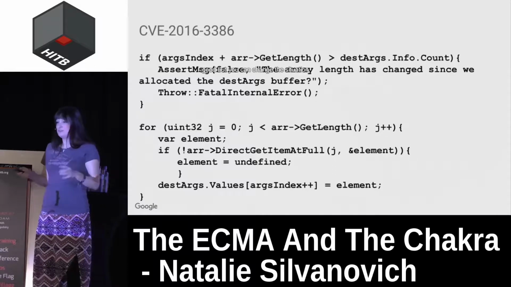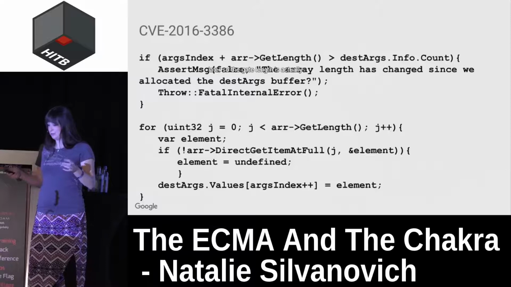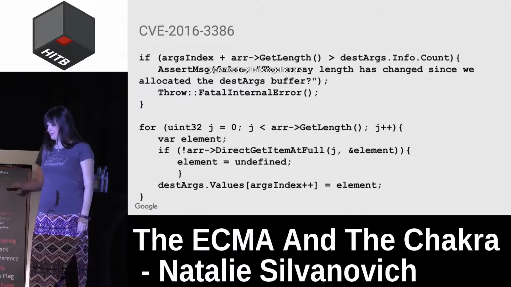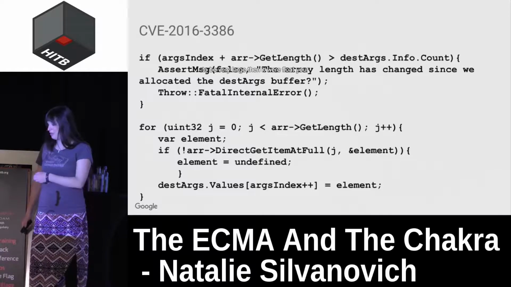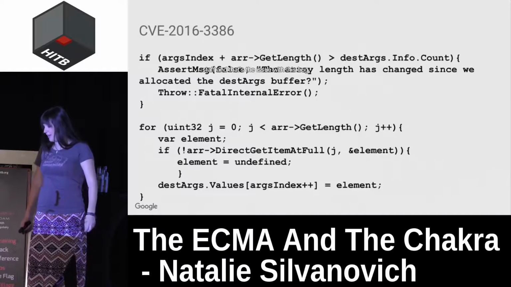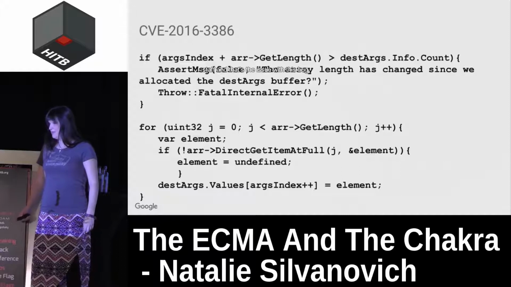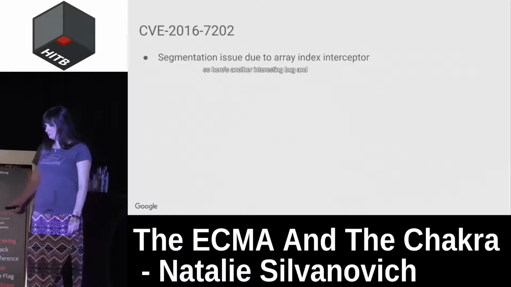That's good, but you can change the situation later. So the get length is actually safe. That's guaranteed to be a number, guaranteed not to be a getter or a setter. But when you get the item, that can call a getter or a setter, and then that can change the array length. So you can see this is just like a massive overflow. If you change the array length to be very large, then it overflows your stack. And that's the issue with this bug.